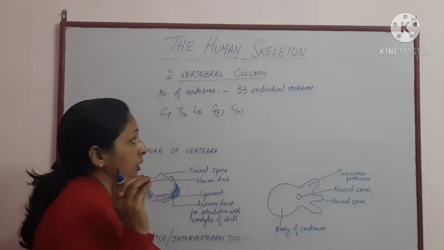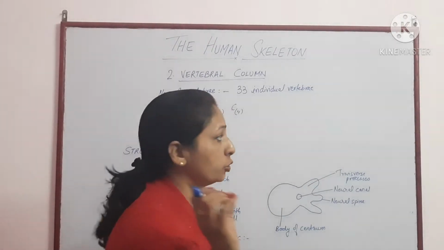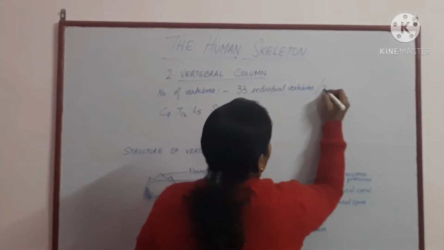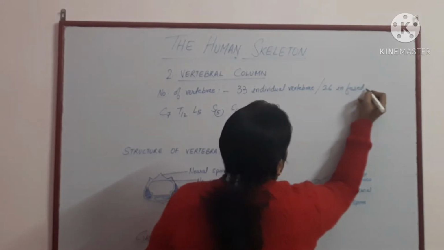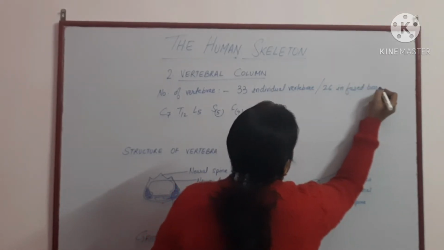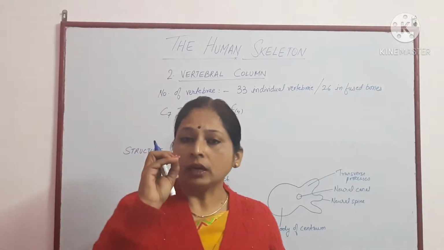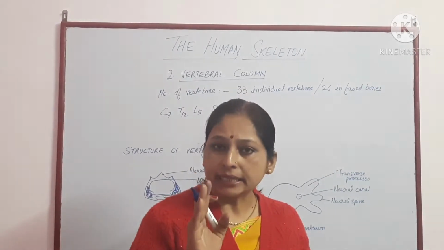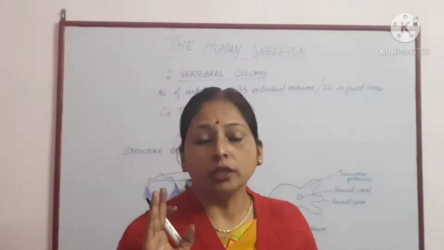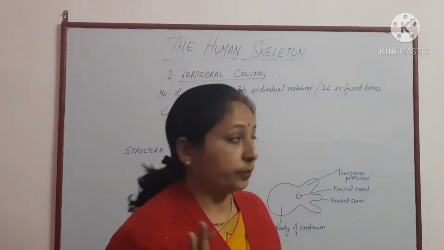But if some of the vertebrae are in a fused state, the number becomes 26. If we are counting the fused bones, the number of vertebrae is 26. If individually they are counted, then 33.